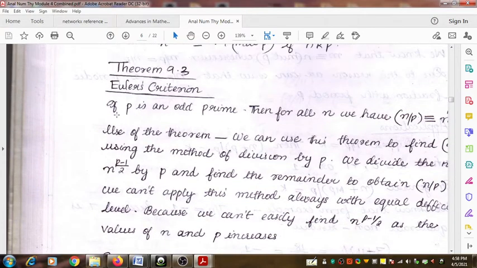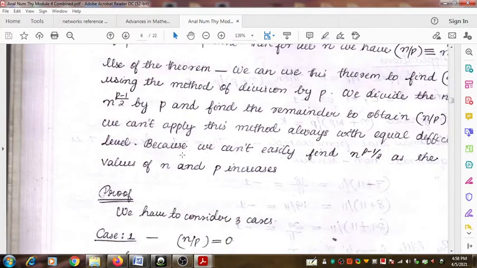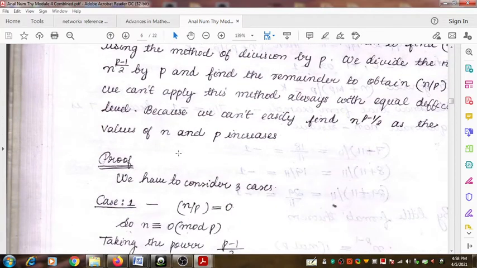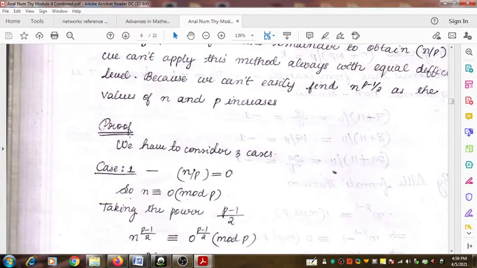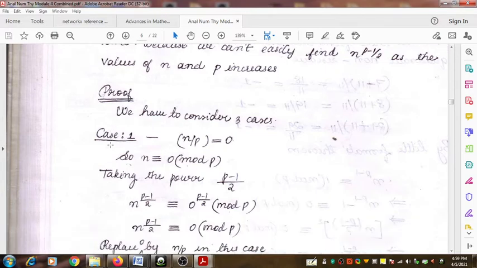Once again, let's go through the statement of the result. Let p be an odd prime, and then for any natural number n, we have the Legendre symbol (n/p) is congruent to n raised to (p minus 1)/2. We are now coming to the steps in the proof.